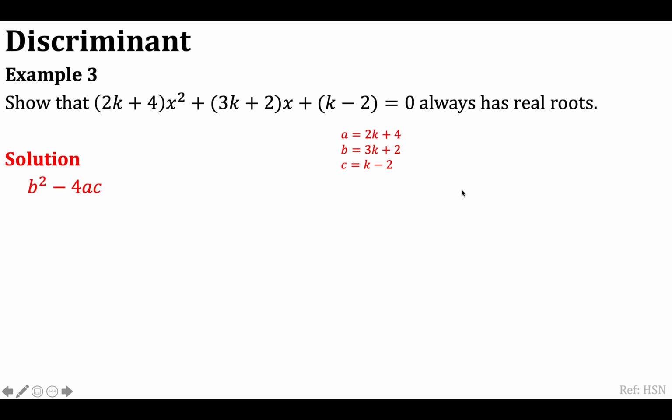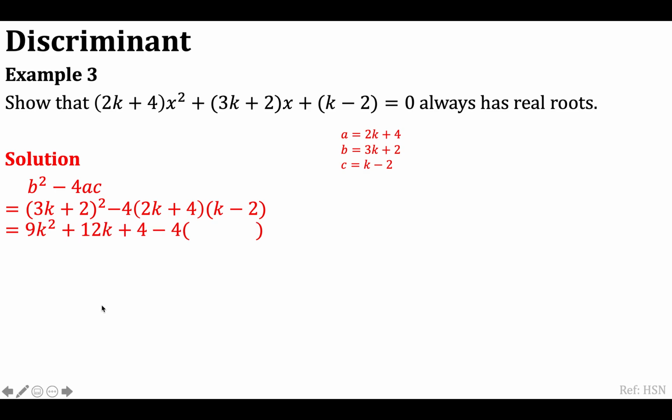So substituting into b squared minus 4ac gets us (3k + 2) all squared minus 4 times (2k + 4) times (k - 2). Expanding our square bracket here will get us 9k squared + 12k + 4 minus 4 multiplied by, now I'm going to expand these brackets first and then I'll multiply by the negative 4 later.